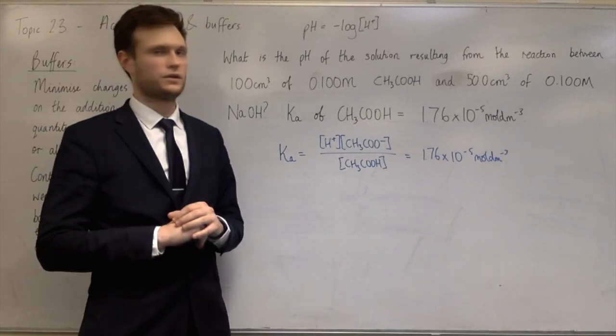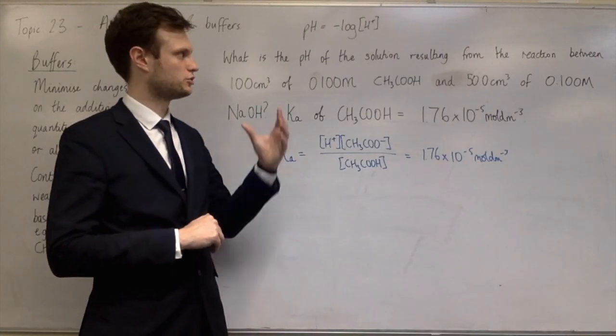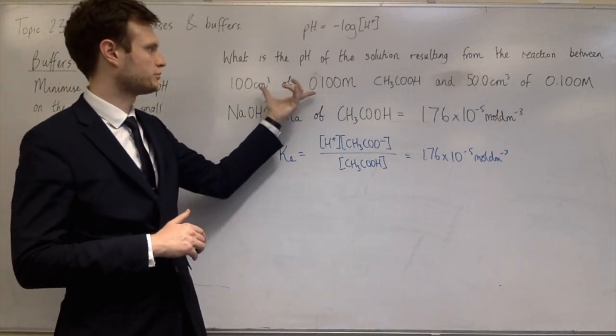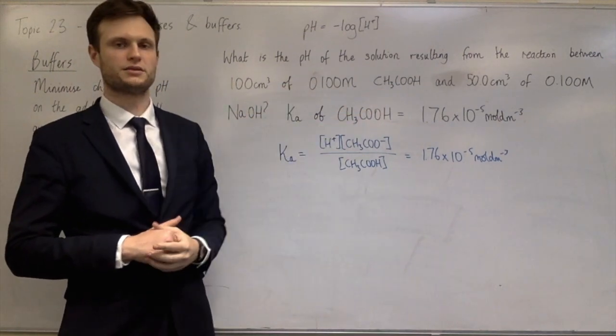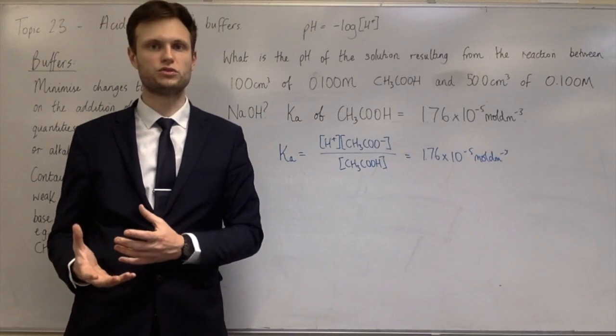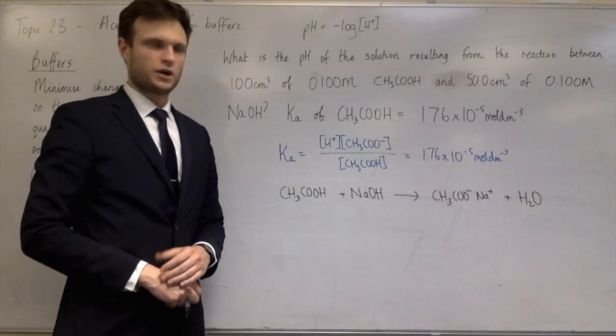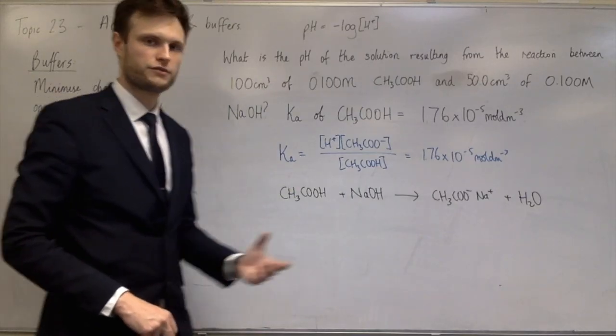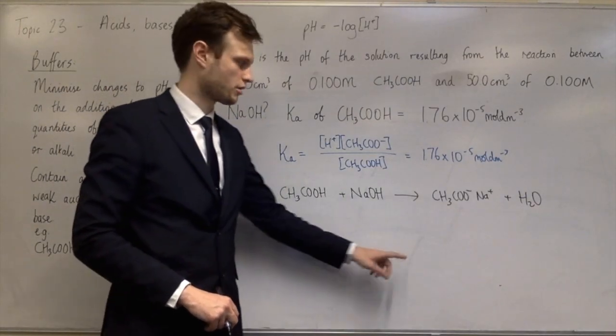When we're doing it with buffers, there's more than one thing in solution, so you need to take those all into account. The first thing we've got to do is do the reaction. So there's a reaction between acid and base, and we need to do a reaction between those two and work out how many moles of each thing we've got. Okay, so this is a reaction. It's going to go fully to completion because it's a strong base.